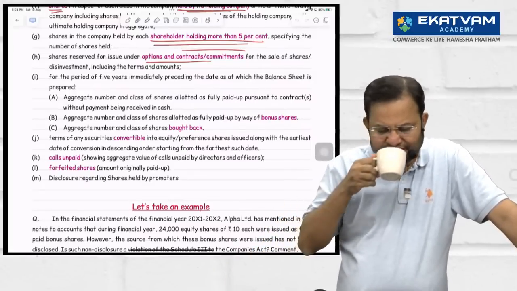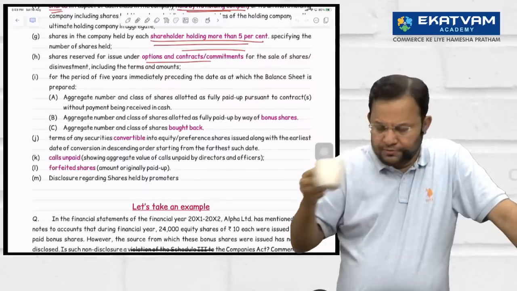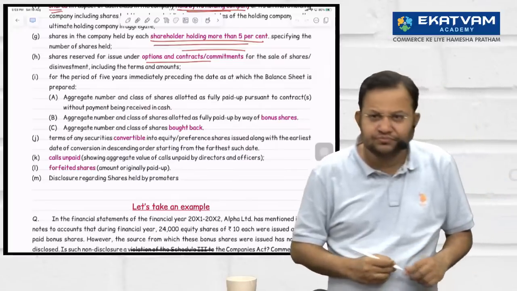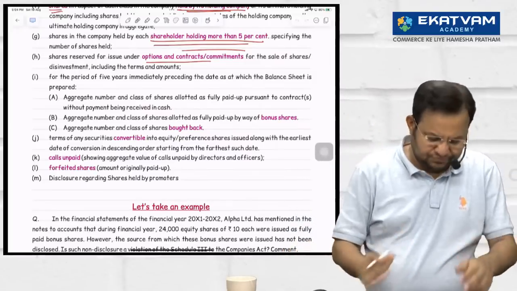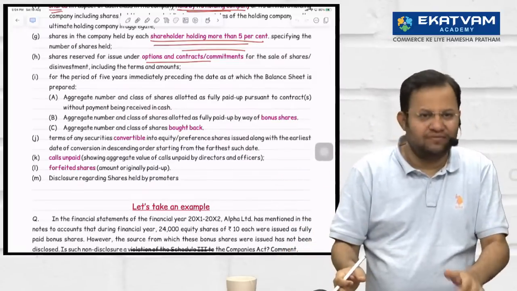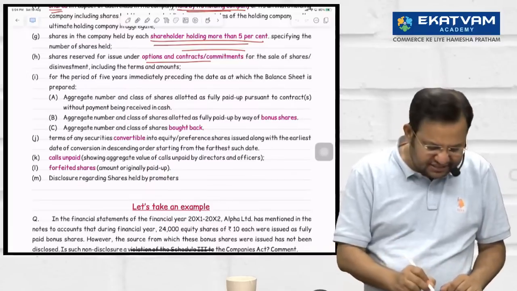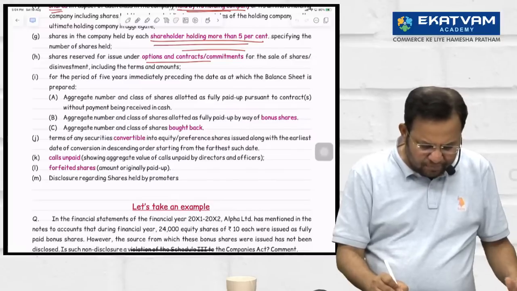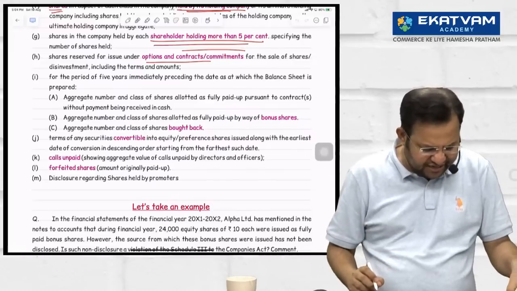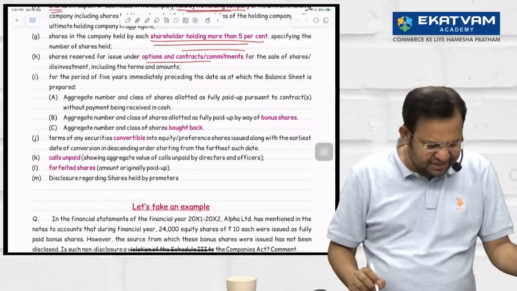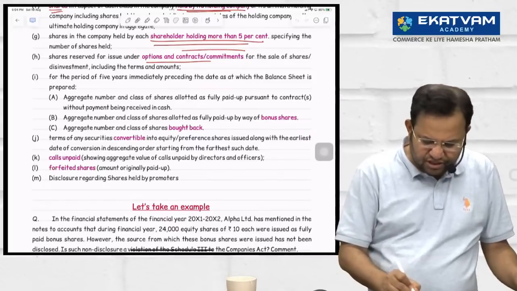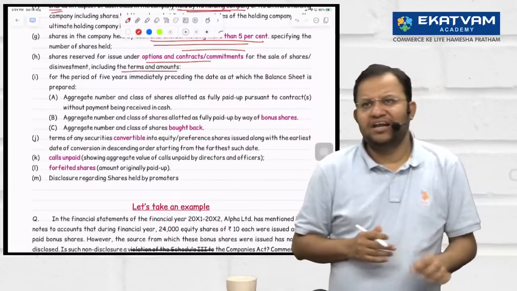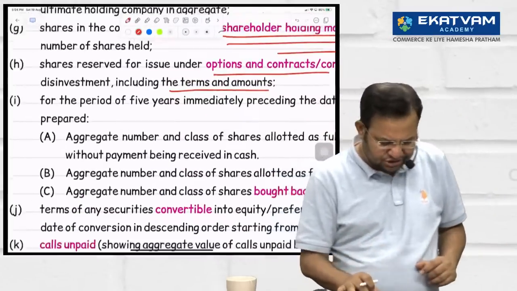Such a thing is called as an what? So if you have given any such options to employees or anyone else for whatever the reason, you have to give the details. Shares reserved under option contract, oblique commitment for sale of a share, disinvestment in case of government companies होता है ये, including terms and amounts. मतलब if you have agreed for any options, give the details of the options.